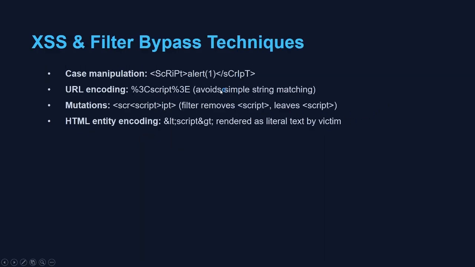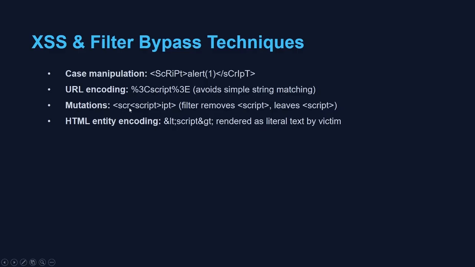So these are ways to bypass any security done on the application. You can bypass it by manipulating the word script, like putting some letters uppercase, others lowercase, and URL encoding to avoid simple string matching.